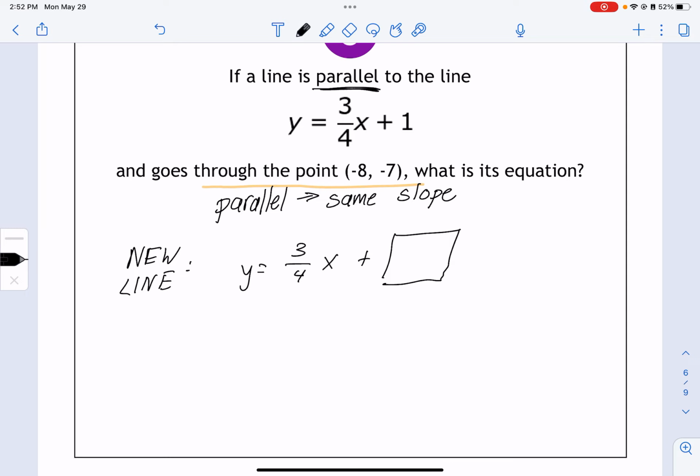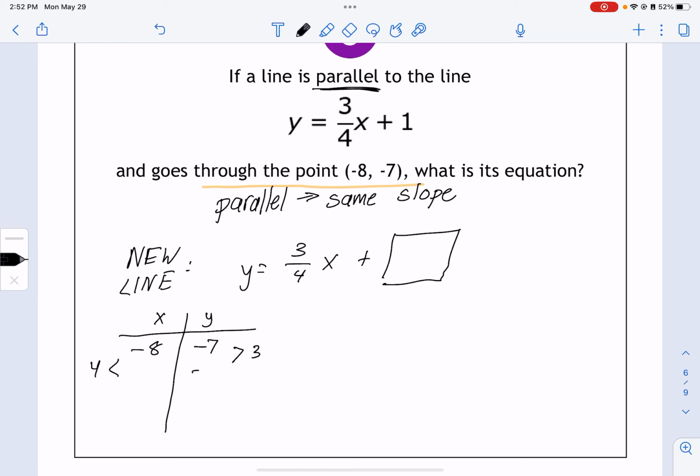And you can do this a variety of ways. We did a whole couple of lessons on finding the y-intercept given a point and the slope. You could do this with a table. You could do this with algebra. Maybe let's try table. That's one that seems to go well, but people usually forget about. We have a point (-8, -7). And we know that every time it rises by 3, it runs by 4.